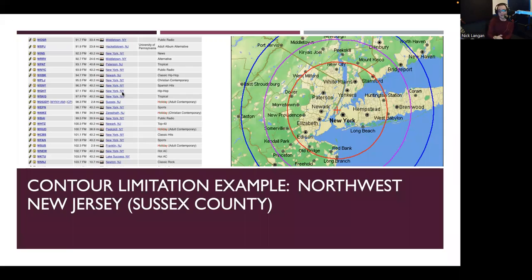If you go out into Passaic and Sussex County, you get into several pretty serious mountain ranges. And I can tell you the ground truth: if you're riding Route 23 up there in Sussex County, the New York stations take a big hit, particularly once you get on the other side of that range.